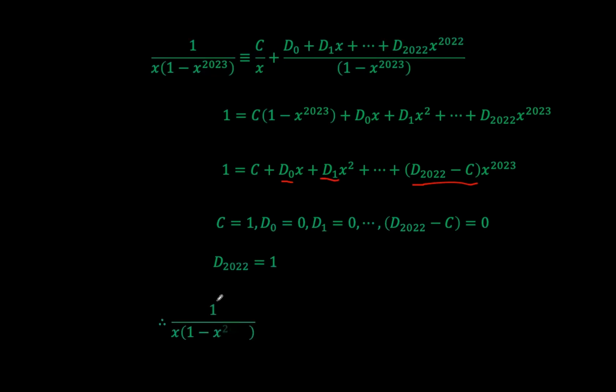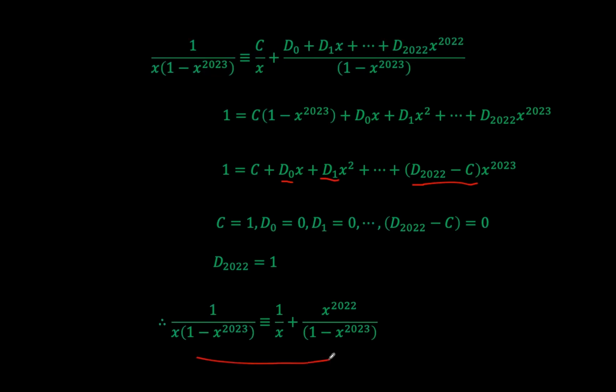So essentially, our fraction 1 over x times 1 minus x to the power 2023 is the same as 1 over x plus d2022 x to the power 2022 over 1 minus x to the power 2023. But since d2022 is 1, we have x to the power 2022 over 1 minus x to the power 2023. So this is our partial fraction.